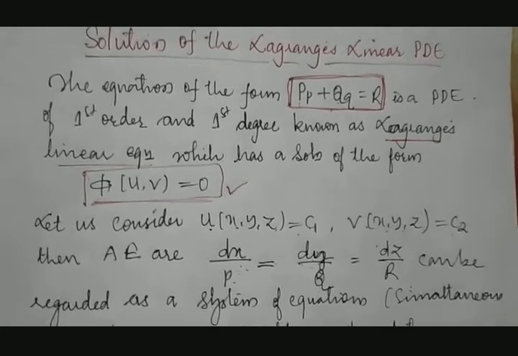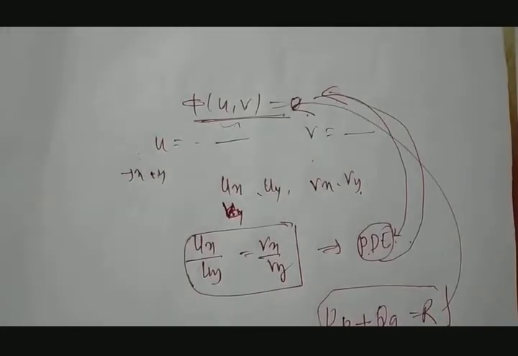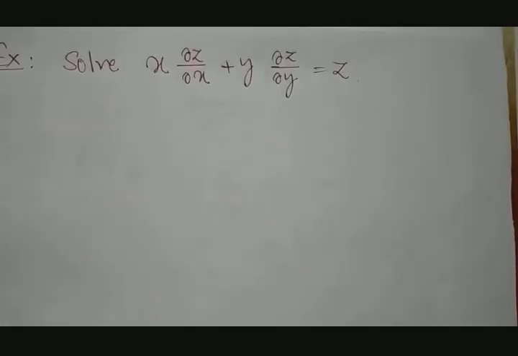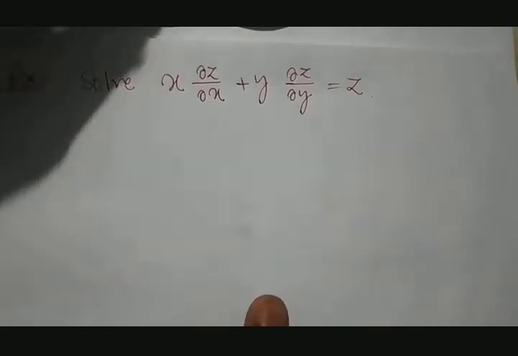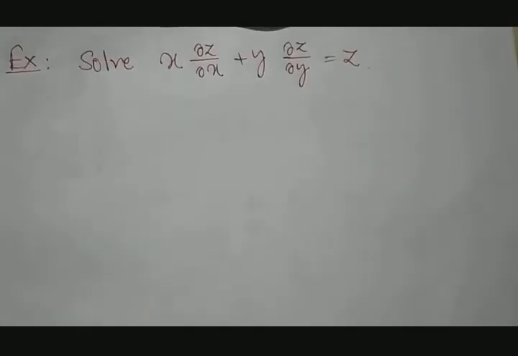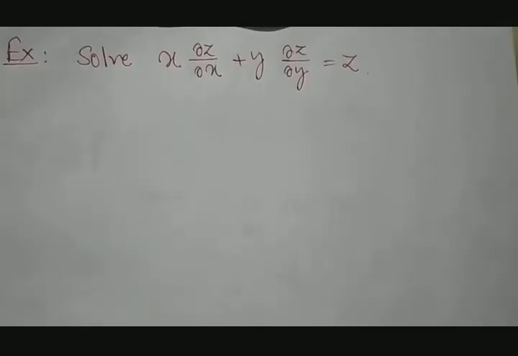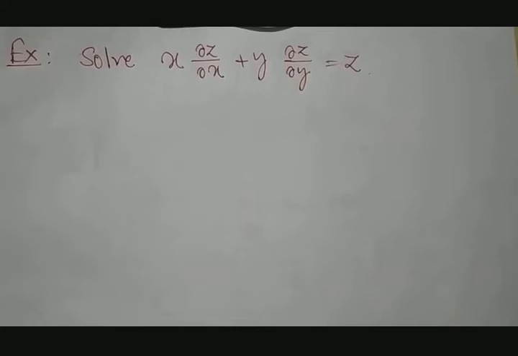So let us take one example, then we'll come to know what exactly this is and how it works. If the question is like this: solve x dou z by dou x plus y dou z by dou y equal to z. What we need to do, observe here.